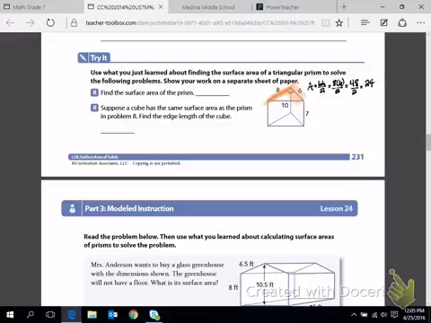Now that's the area for one of the triangles, but because we have 2, you can double that and go ahead and say that 48 is the entire area for both triangles. And now we can continue with the rectangles.